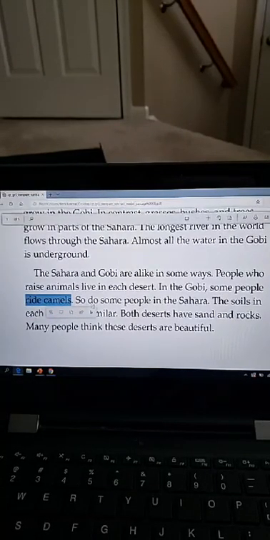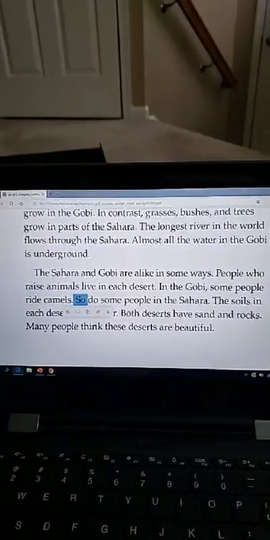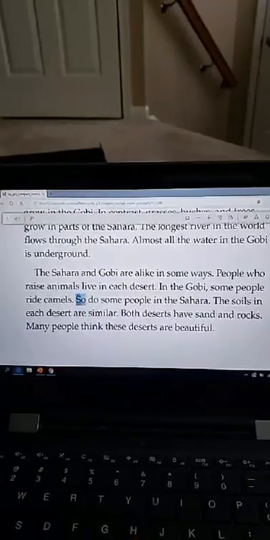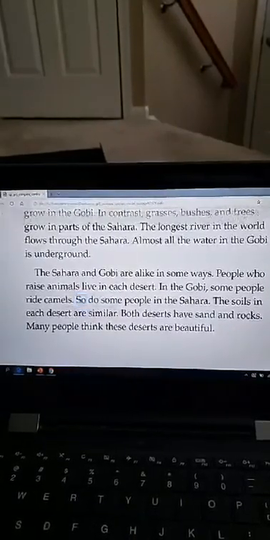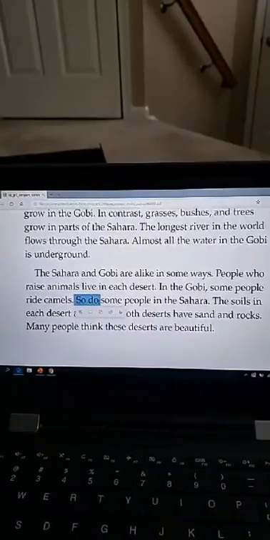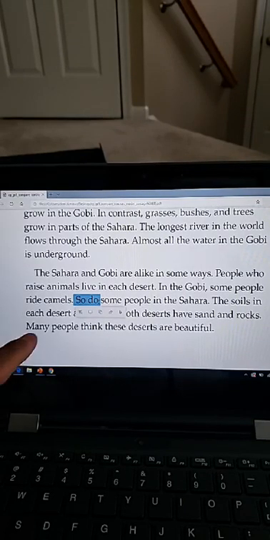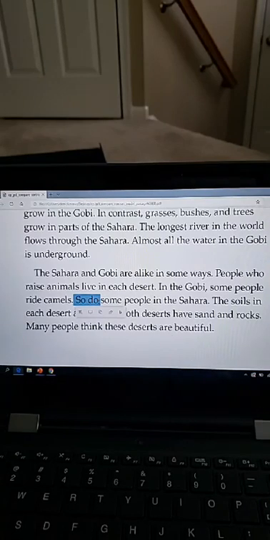And so too, so do, that's another way of comparing or telling how two things are alike, similar, the same. So do some people in the Sahara.